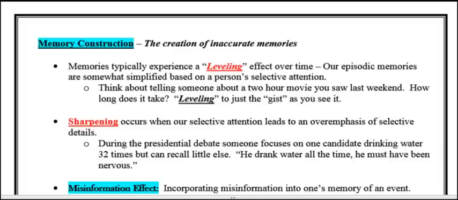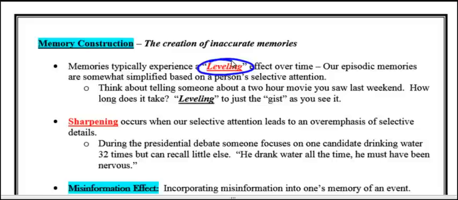Our episodic memories are somewhat simplified based on our selective attention and our experiences. What happens here with leveling is we tend to narrow down our memory details to the gist or the main points of an episodic memory.